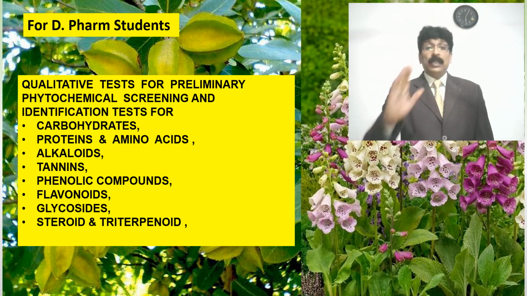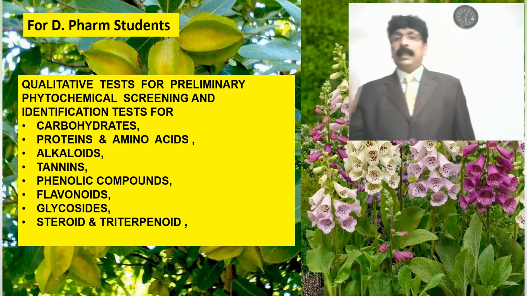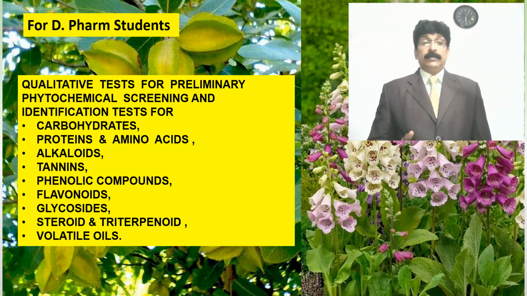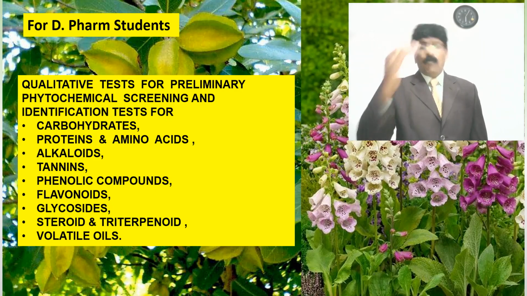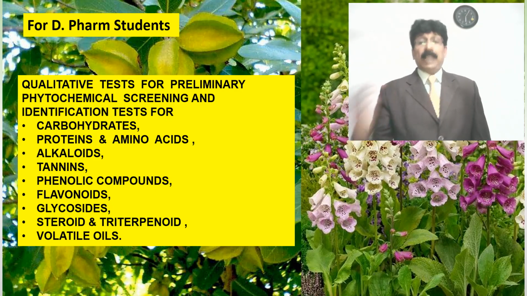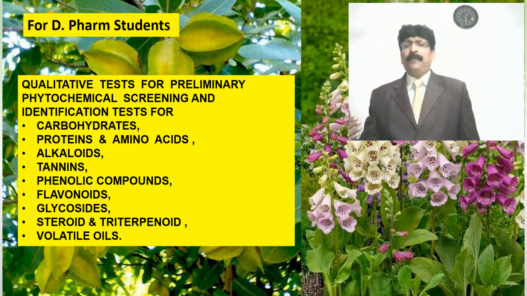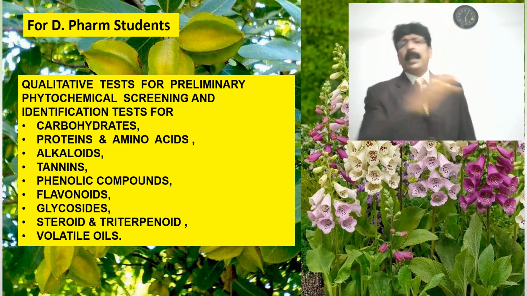Under glycosides we have seen the chemical tests for steroids and terpenoids, and volatile oils. There are still many specific chemical tests, but this is generally what you need for a preliminary phytochemical investigation.